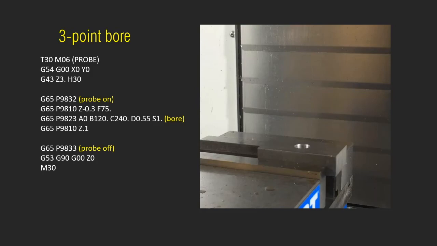If there's a keyway right at where 0 angle is, then I can't probe that with a regular 4-point. So the 3-point allows me to go in there and specify the angles, and that's what the A, B, and C are here. A is going to be the first one that it does, then B, and then C.